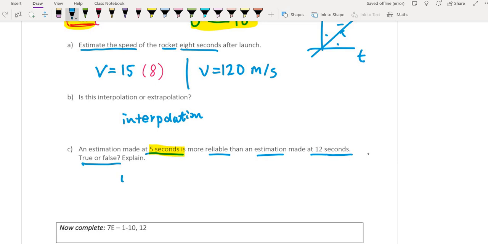So an estimation made at 5 seconds is going to be more reliable given that it's an interpolation, and an estimation made at 12 seconds is going to be less reliable given that it's an extrapolation. True is your answer for that one.